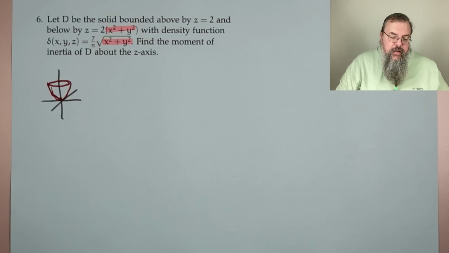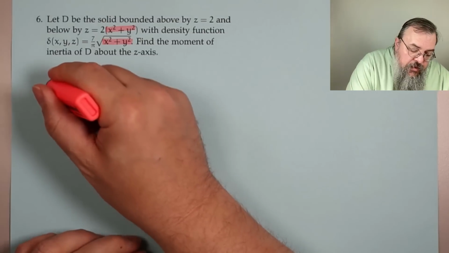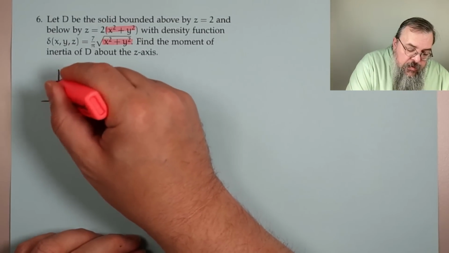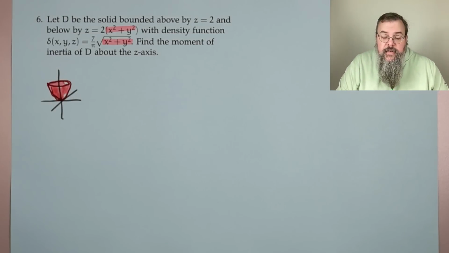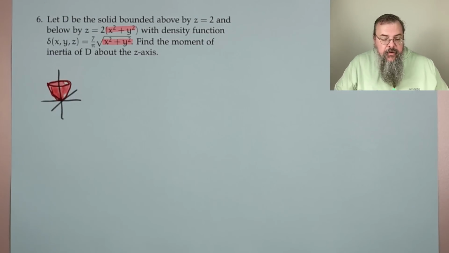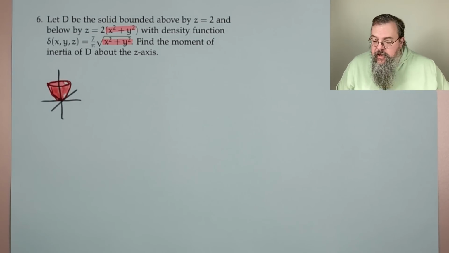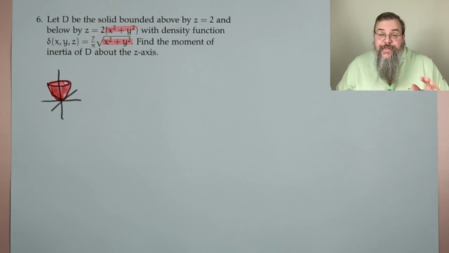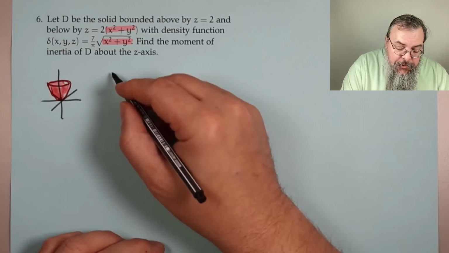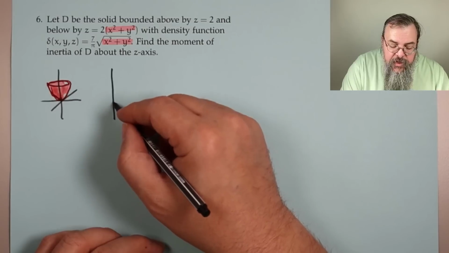Now, what do we do? Well, we want to think about our moment, and sorry, I'm just organizing my thoughts here. I'm going to look in the RZ plane just to help make sure I understand what's going on.